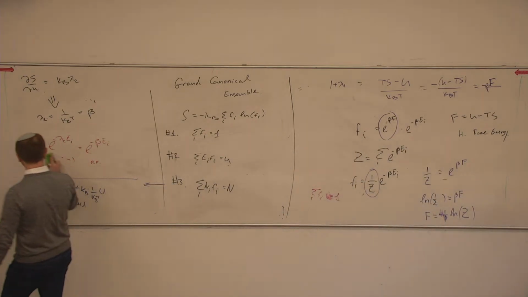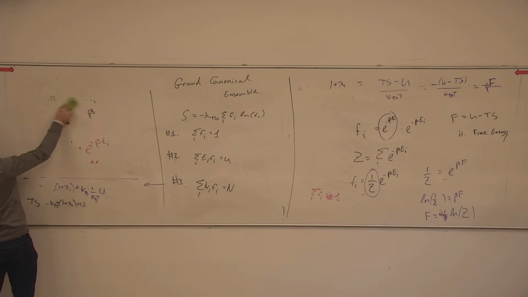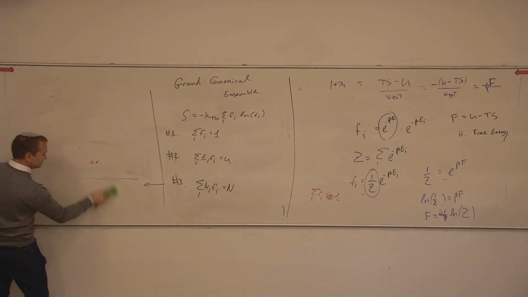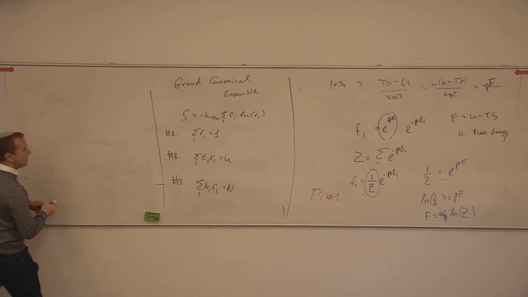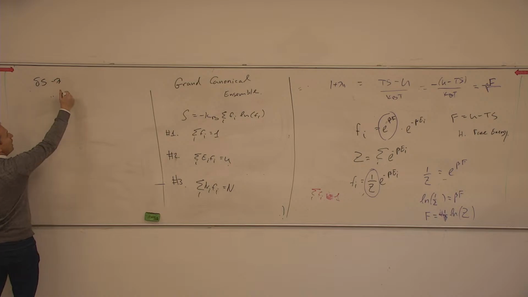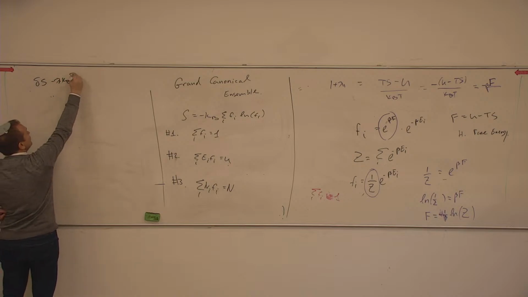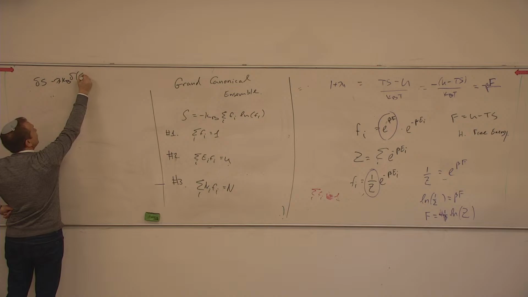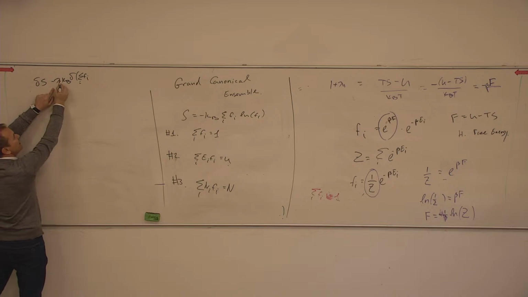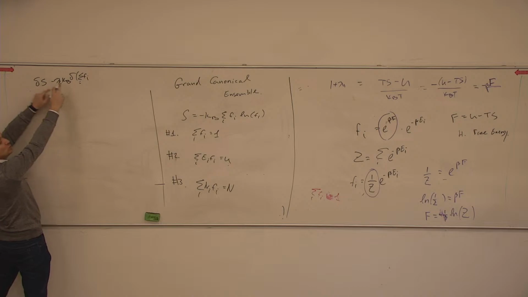Let's go for the mathematical adventure of finding variations. So we know that we need to find delta S minus lambda 1 k_Boltzmann delta sum over i of f_i, minus lambda 2 k_Boltzmann delta of the sum over i of f_i E_i, minus lambda 3 k_Boltzmann delta of the sum over i of f_i N_i, and it equals 0. You see, already from the start, instead of just some random lambda 1, I multiplied by k_Boltzmann because I know I will have to get this k_Boltzmann out of the sum.